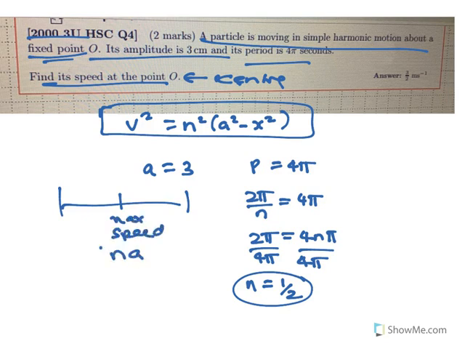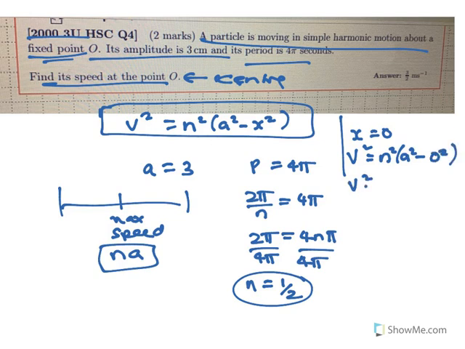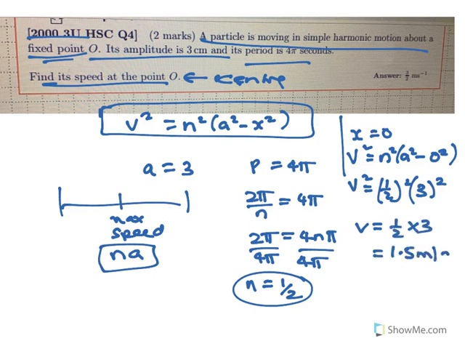So if you memorise this, it's na. If you don't, you just put in x equals 0, and v squared equals n squared (a squared minus 0 squared). So v squared equals a half squared times a squared, and a is equal to 3. So v is a half times 3, so it's 1.5 metres per second.